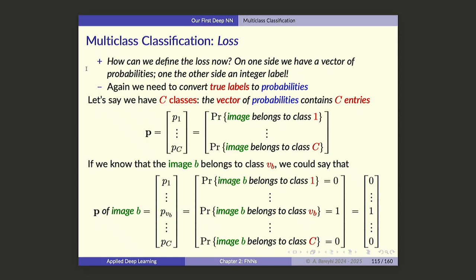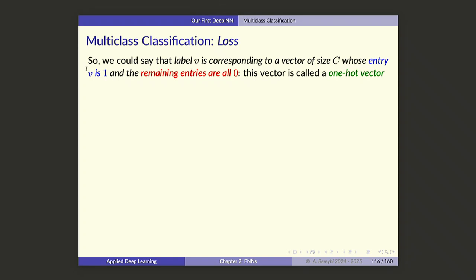This is what we call a one-hot vector. You might have heard of it, right? So this is a C-dimensional vector, where C is the number of classes. If you have 10 classes, it's going to be a 10-dimensional vector, and it's going to be 0 everywhere but in one entry, and that entry is the one that belongs to your true label.